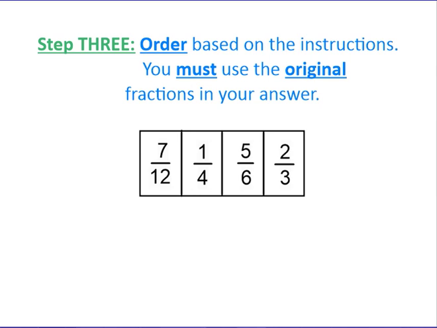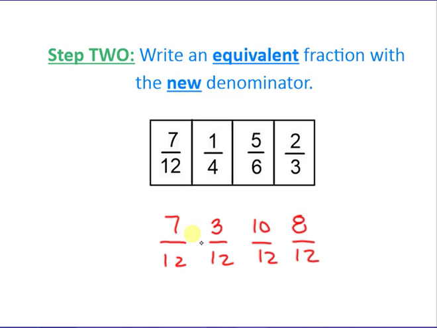Now that we have that, we need to go ahead and order them, but we need to order them based on the original fractions. We cannot order them based on these new equivalent fractions because our answer choices on things like a test or a quiz or on the EOG are going to be with these fractions.